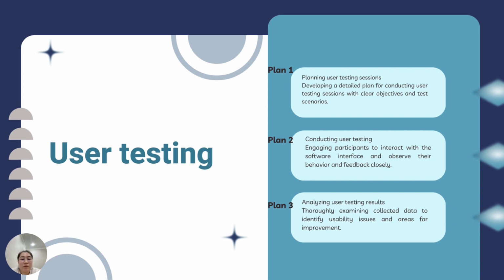Next is conducting user testing: engaging participants to interact with the software interface and observing their behavior and feedback closely. Analyzing user testing results: thoroughly examining collected data to identify usability issues and areas for improvement.